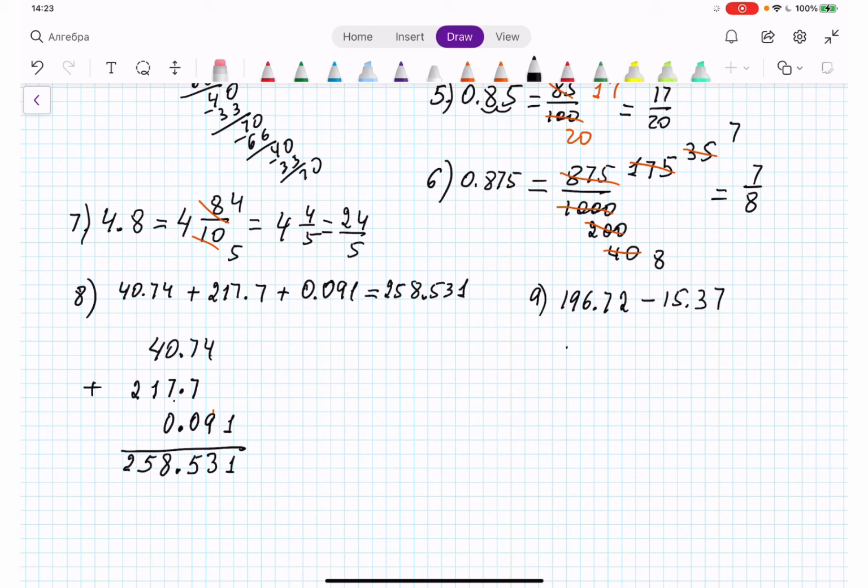Okay, 196.72, again lining up decimal notation, 5 and 1, 3, 7.